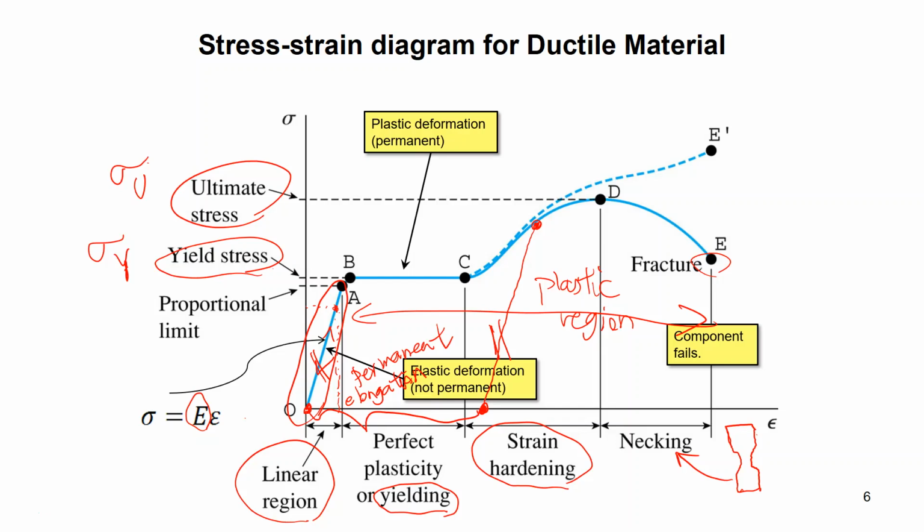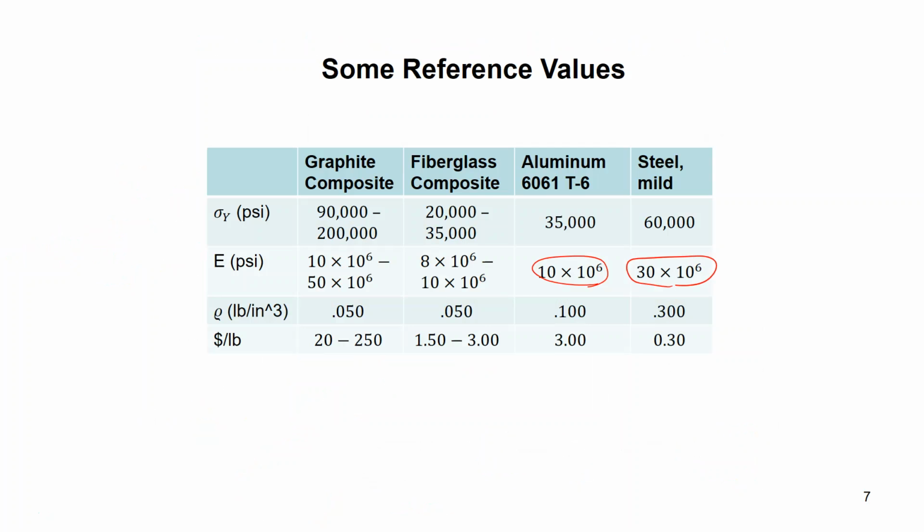So you always want to stick to the region where if you turn everything off, it goes back to the original length. So this number is extremely important to us. We never want the stress in the material to pass this yield stress. The stress in the material should always stay less than yield stress. That's how you design, okay?